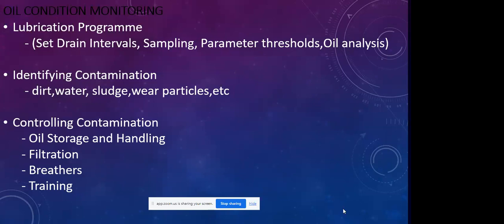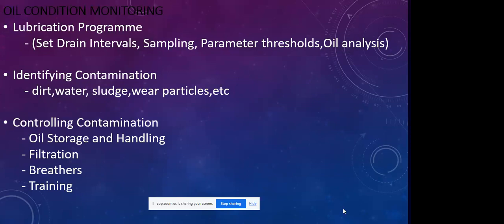Here you have to refer to the OEM manual and the advice given by the OEM as far as the equipment is concerned. Breathers. We use breathers to control the ingress of dust and wet air. You cannot run a plant, especially a cement plant or a proper machine, without breathers.